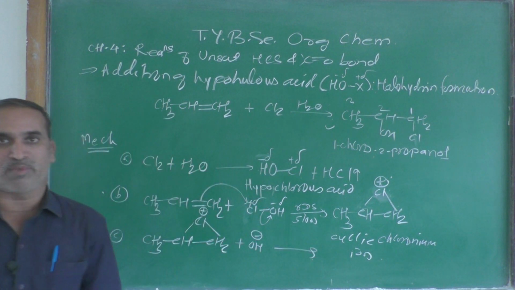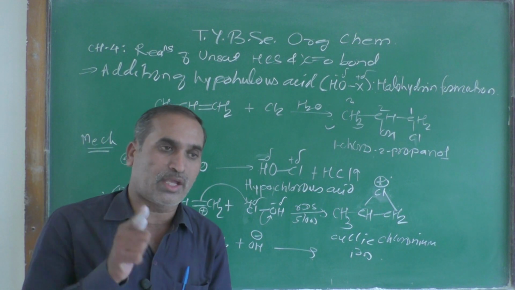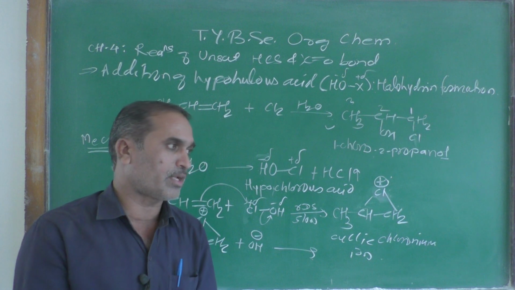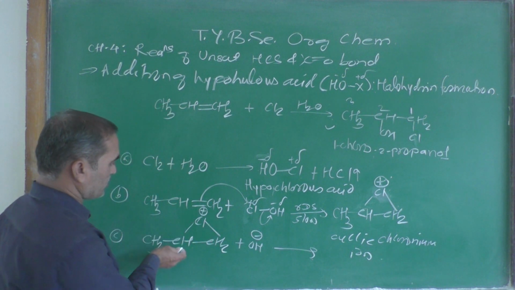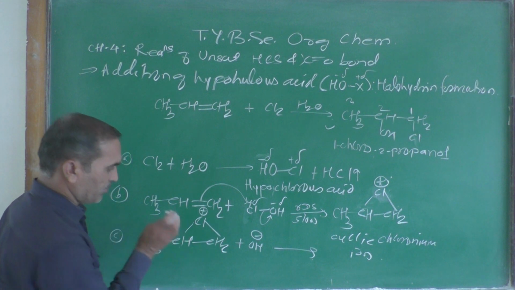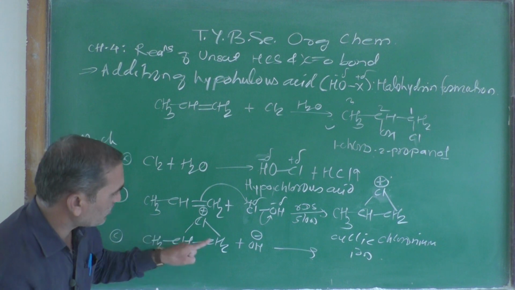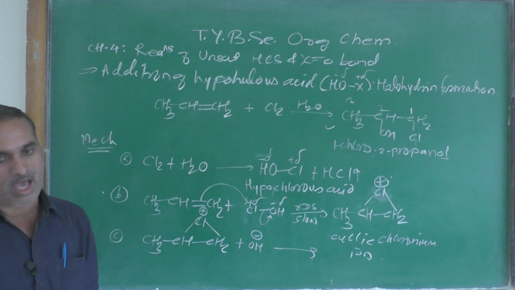Remember, this OH minus attacks the carbon; there are 2 carbon atoms where this nucleophile can attack, either at this carbon atom or at this carbon atom.